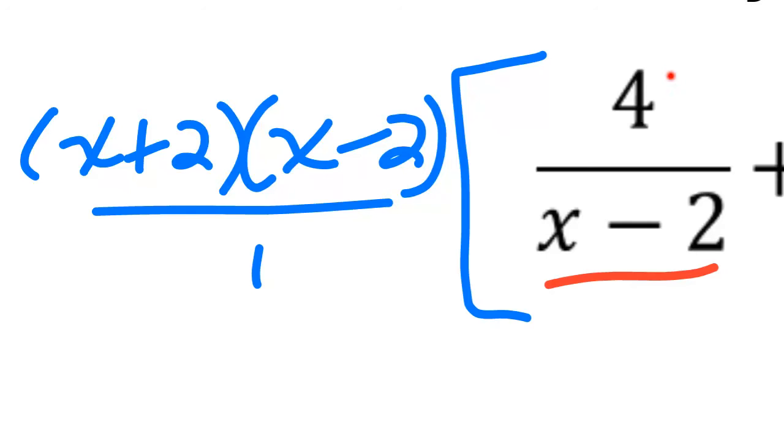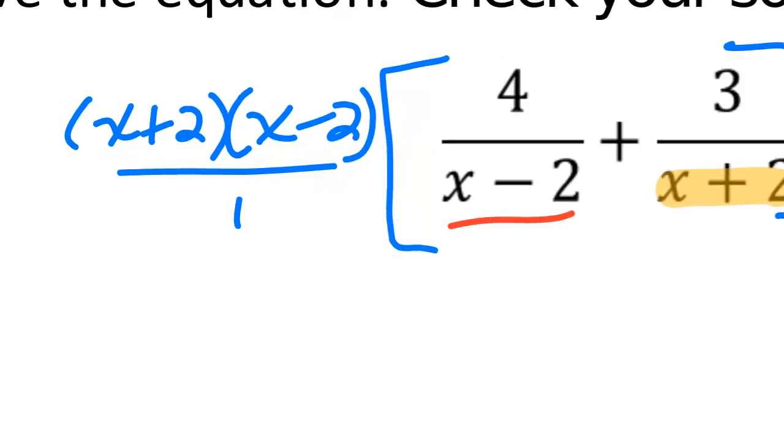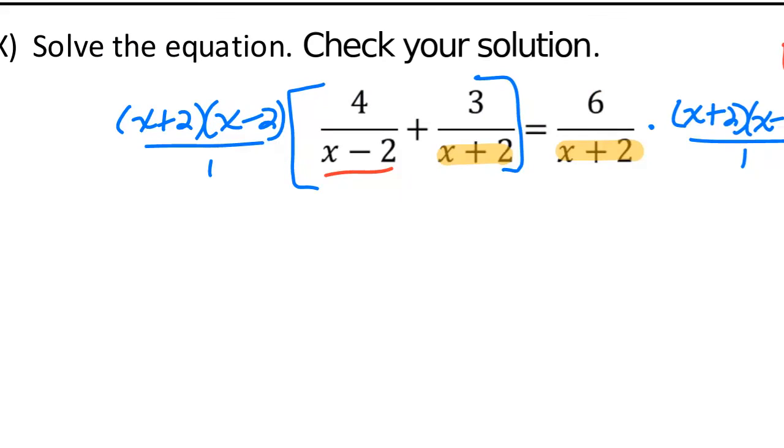So then I'm going to be left with 4 times x plus 2. Okay? I'm just not going to cross it out from the blue one because I'm going to need it again for the second one. But the x minus 2 is going to cancel. I'm going to be left with 4 times this x minus 2 cancels. So I'm left with the x plus 2.